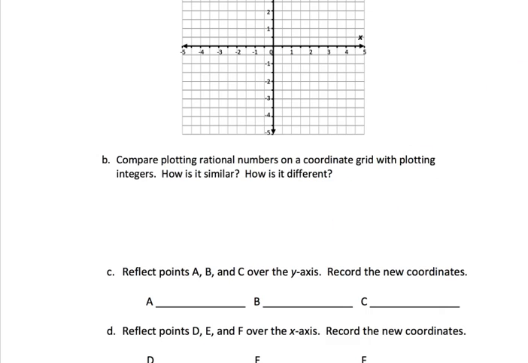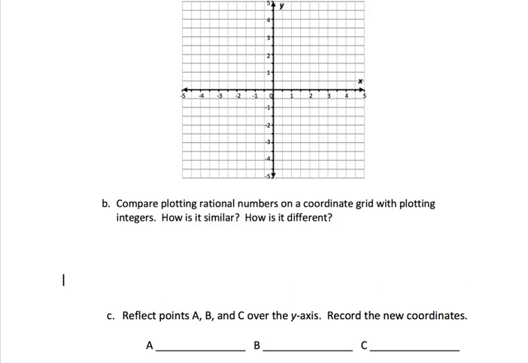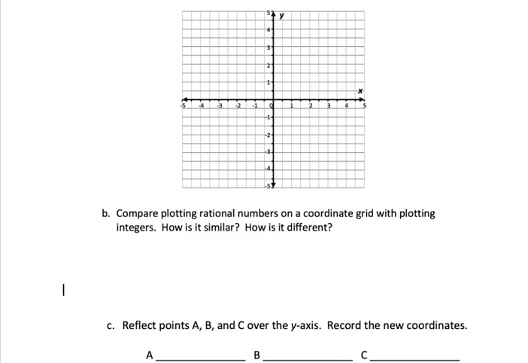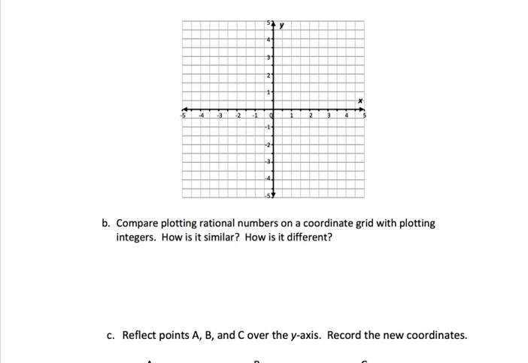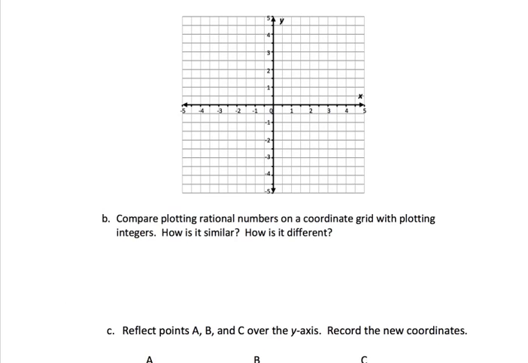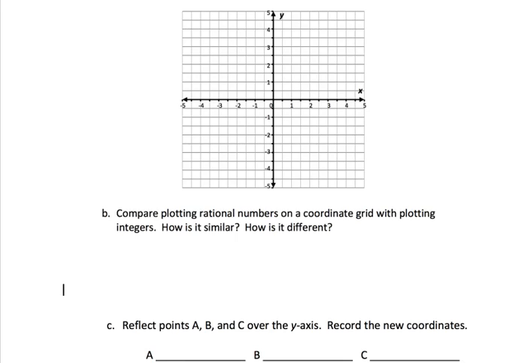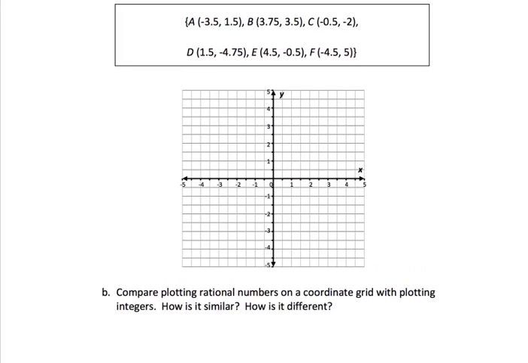Now, this tells you to reflect points A, B, and C over the y-axis and record the new coordinate points. So I'm going to go back quickly and I'm going to put A, B, and C. Go back up to where I can see the points.